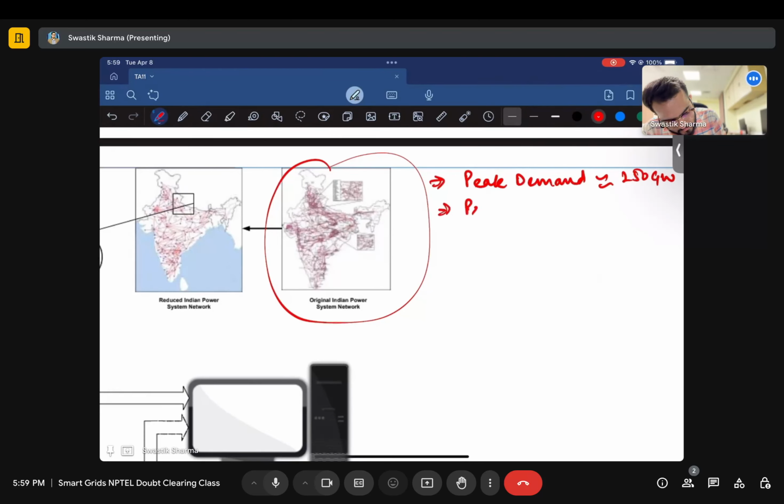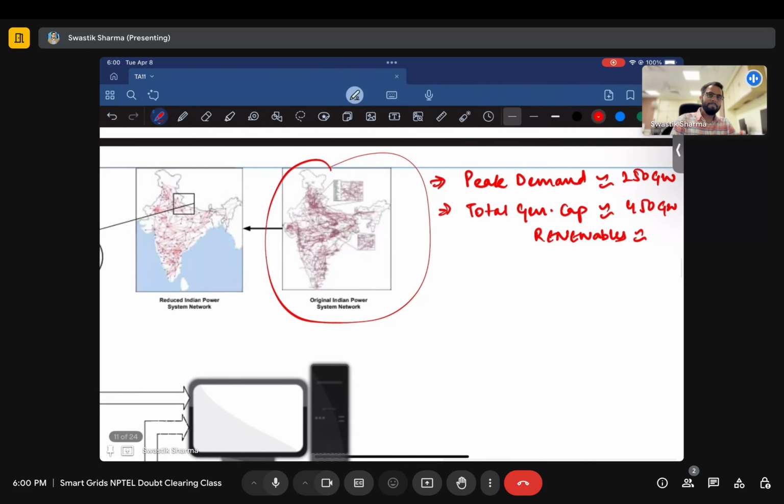The total generation capacity that we have is around 450 gigawatts, out of which renewables are, I guess, 190 gigawatts. Someone can check; around 200 gigawatts, I'll write. You just check this number once, right?